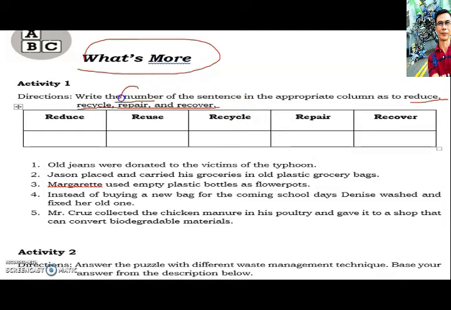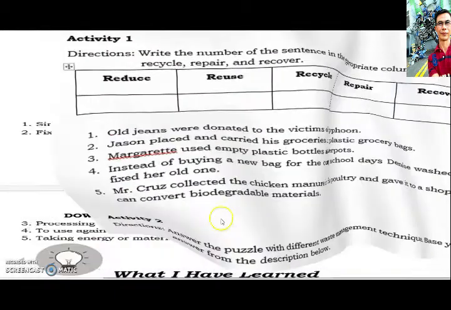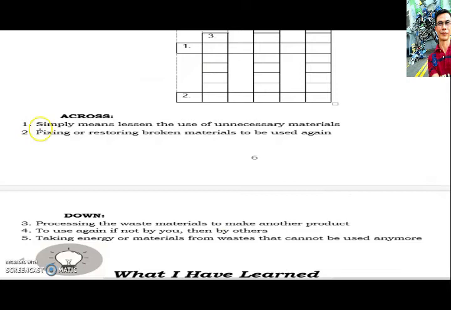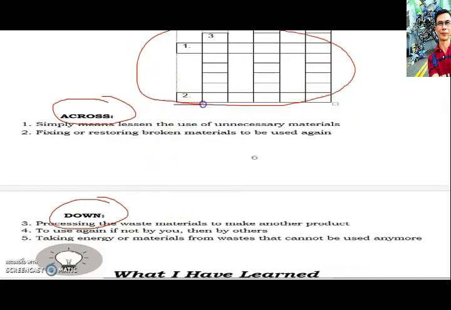And for the activity number 2, answer the puzzle with different waste management techniques. Base your answer from the description below. So, meron dyan description na makikita sa across and down the answers from the puzzle game. That is very interesting, no?